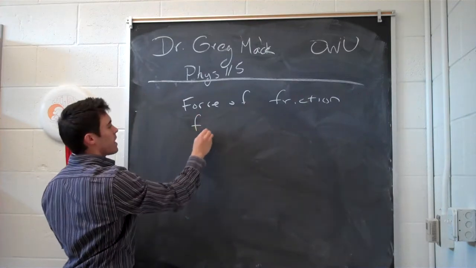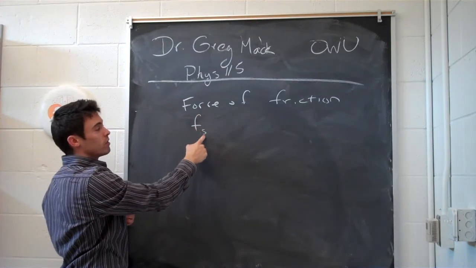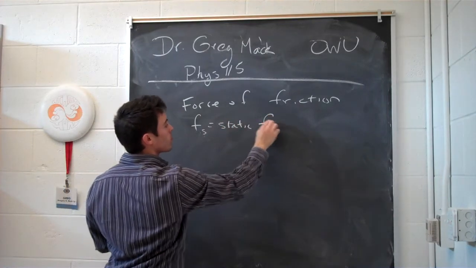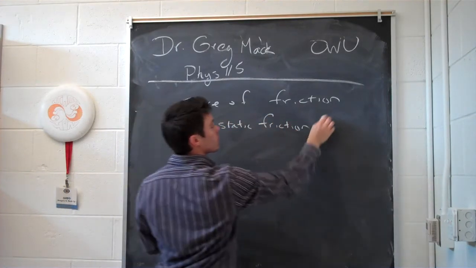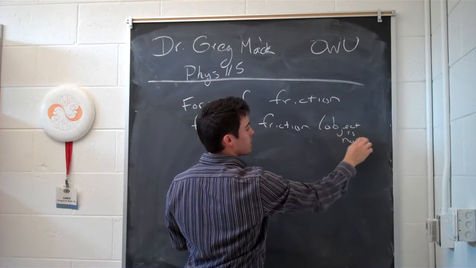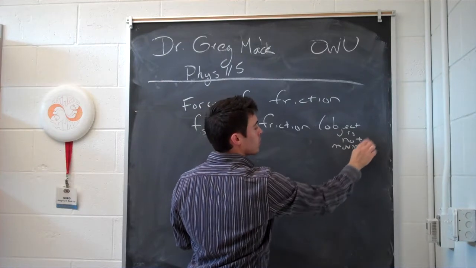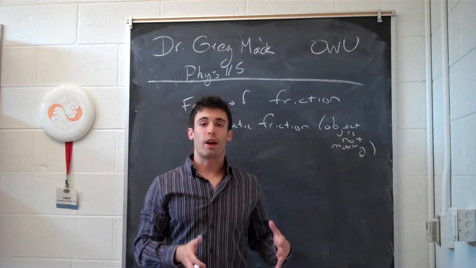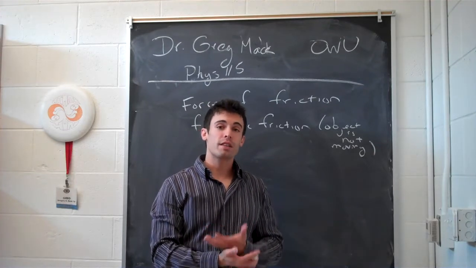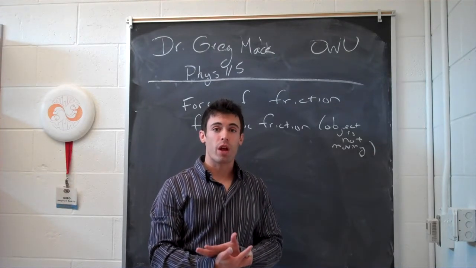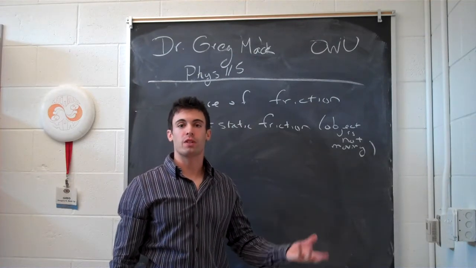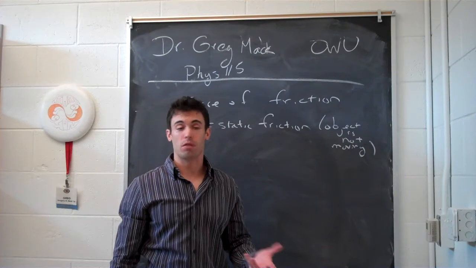So we call the static friction force small f sub s. That's when the object is not moving. So, say you have a box on the ground, and you're pushing on it and trying to get it to move. It has a contact force with the ground preventing it from moving based on what type of material that ground is made of and what type of material your box is made of.